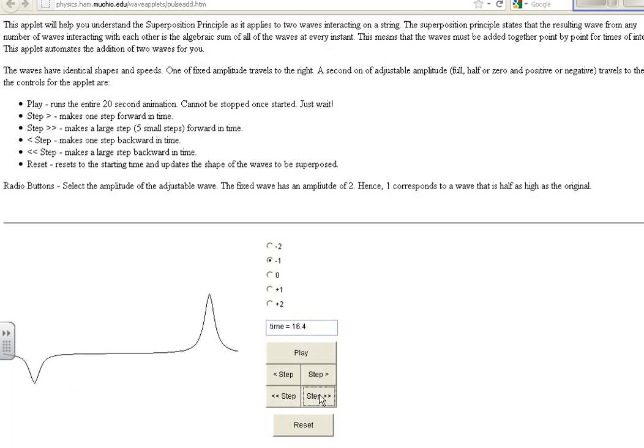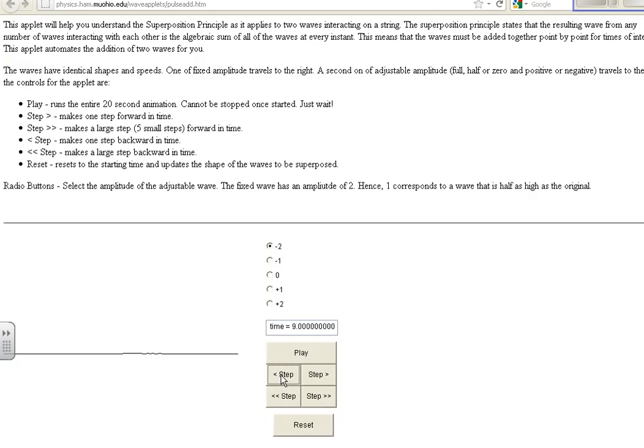Let me reset this, and I'll make this a 2 minus. And we'll step through here. So the two waves are equal in amplitude. When they meet, they would cancel each other out. Now, the wave still exists, but they cancel each other out at that point.